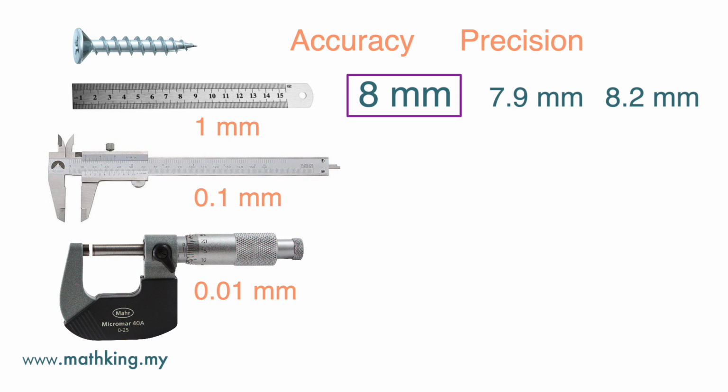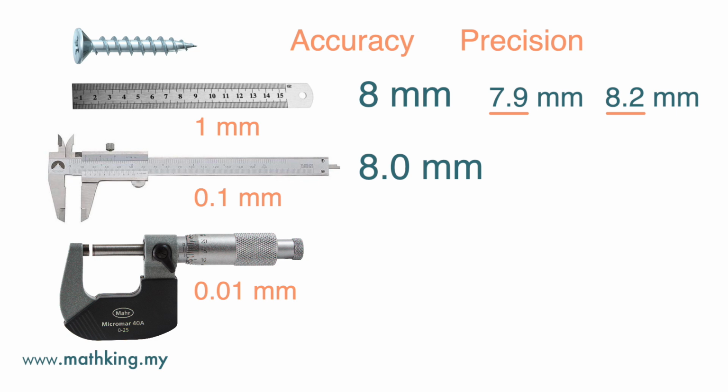If you use a caliper and we get a measurement of 8.0 mm, then it is not 7.9 or 8.2 mm, but it could be 8.02 mm, rounding up to 8.0 mm. So the last digit of 0 here tells us that it is precise to this place value.